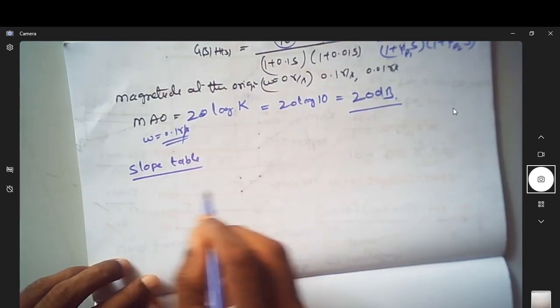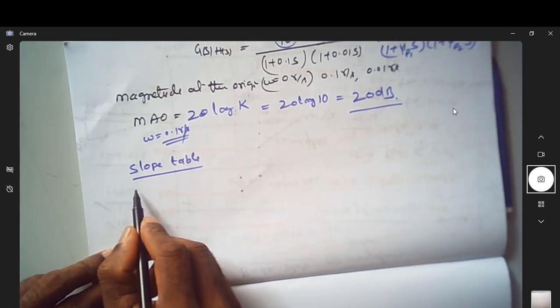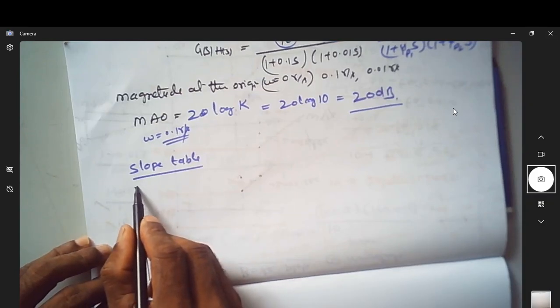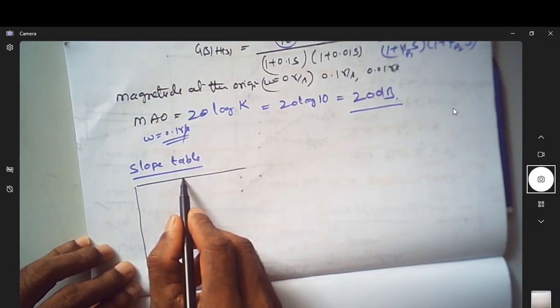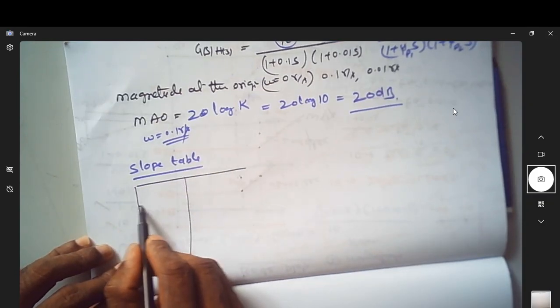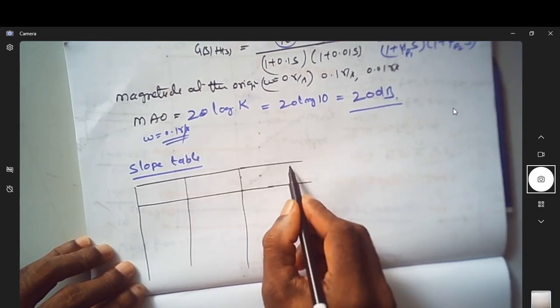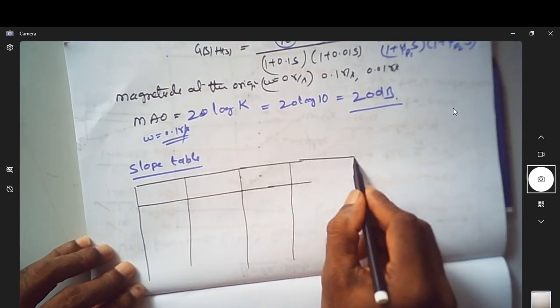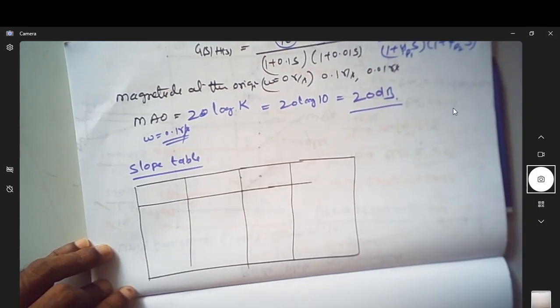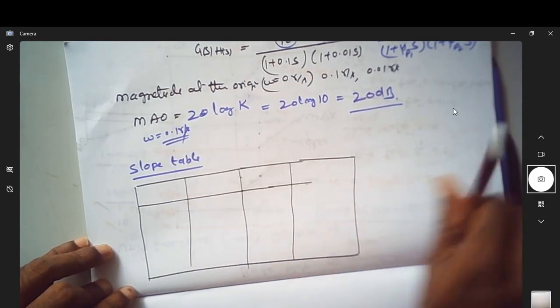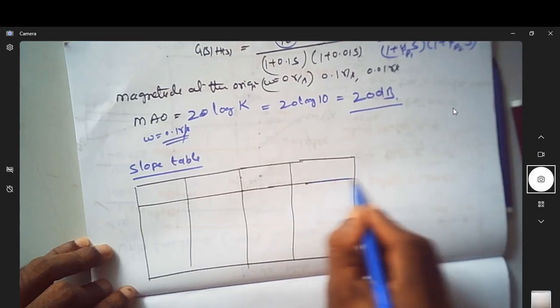In this slope table, we just list all the terms and their individual cutoff frequency and their slope and the overall slope.